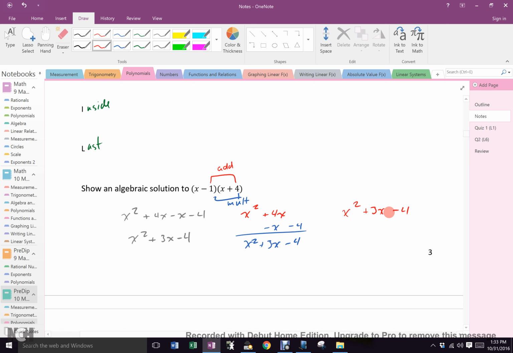Now the problem with this is depending on how far your grade 9 teacher wanted to go with multiplying binomials, if he stopped here, or she, then this is lovely. But you guys aren't stupid. You're well aware that this x here doesn't necessarily have to be a single x, does it? Which makes this little trick of add and multiply not the greatest thing to have in your math toolbox if you're not aware of how to actually do it. Do you understand what I'm saying? Everybody cool? All right.